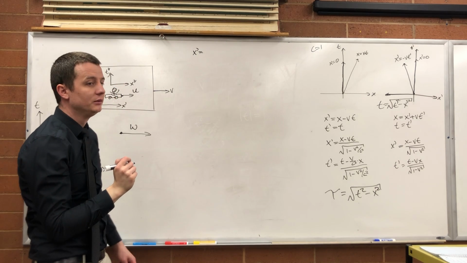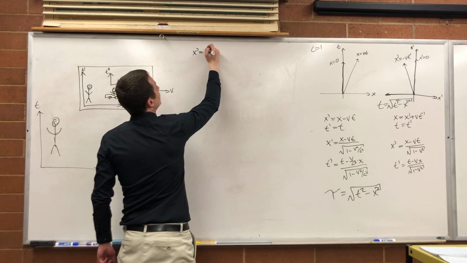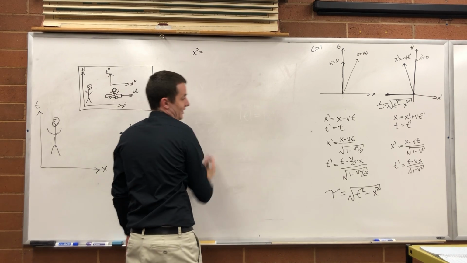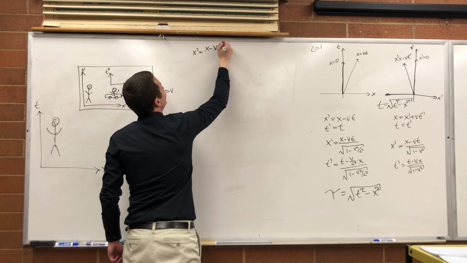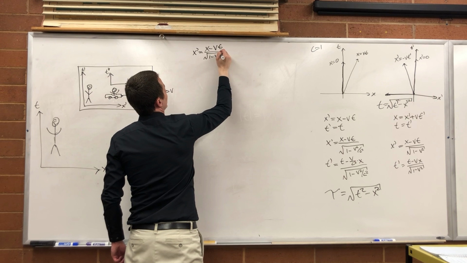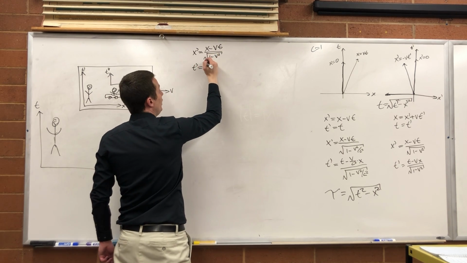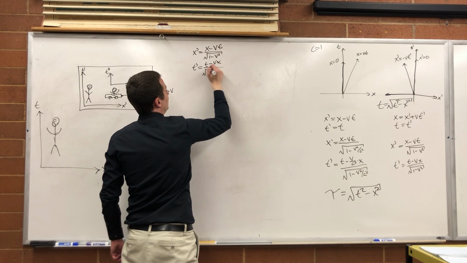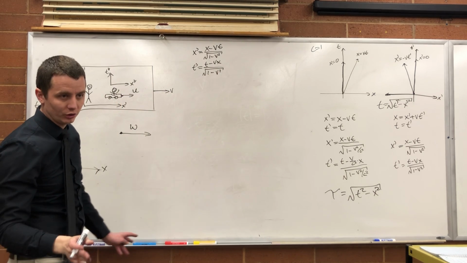So x prime, to get my coordinates from your coordinates, is going to be, why am I already blanking? That's not a good sign. x minus vt, all over the square root of 1 minus v squared. And t prime is equal to t minus vx all over the square root of 1 minus v squared. That's how we get from my coordinates to your coordinates.